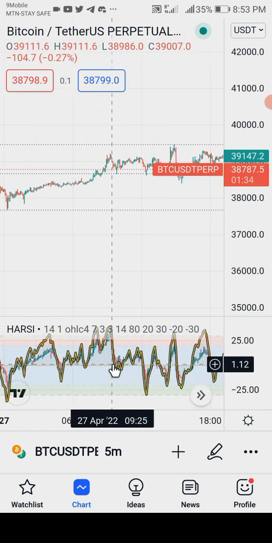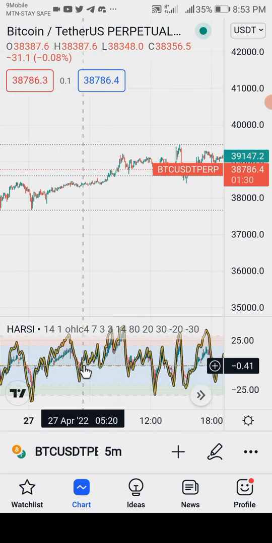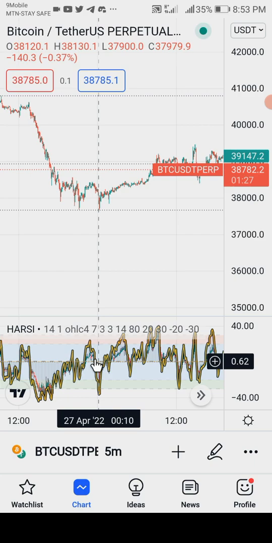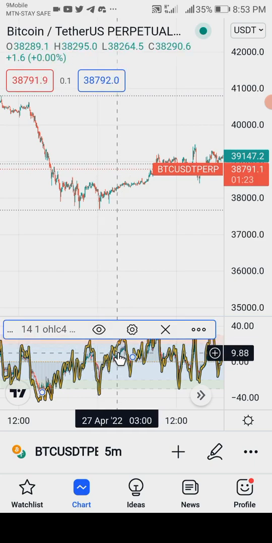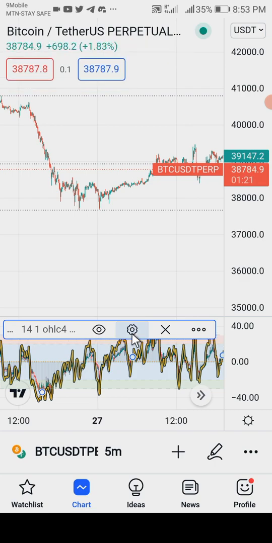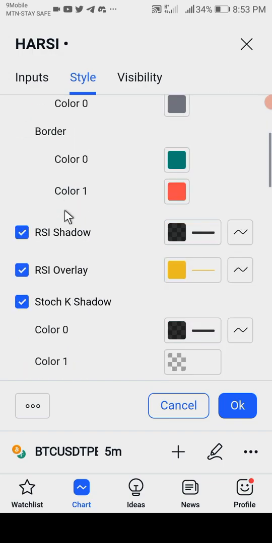You can see it, but right now the chart is not that clear, so we are going to make some little adjustments to it. Click on the indicator, then you go to the settings. So just a little adjustment. We uncheck this RSI histogram so that we have a better view.